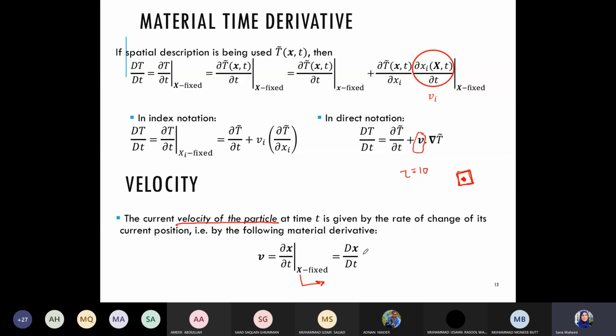Now, please note, just for the sake of it, I said that we are looking at both descriptions. So if I do try to find d capital X with respect to dt, this physically does not make sense. What is this? Rate of change of the original position?